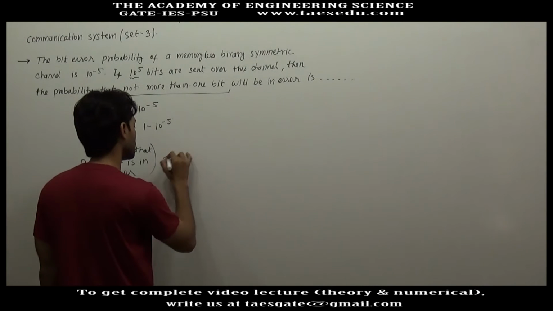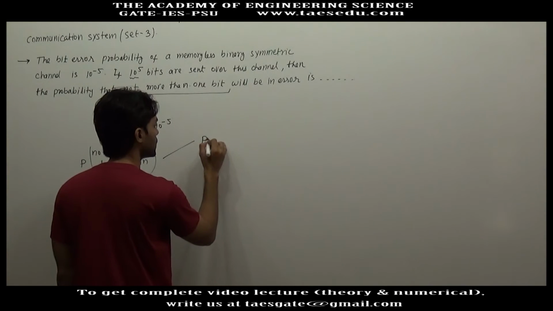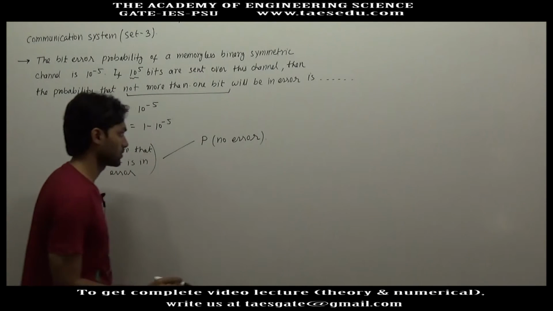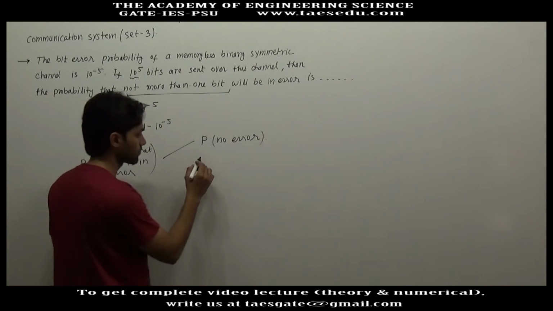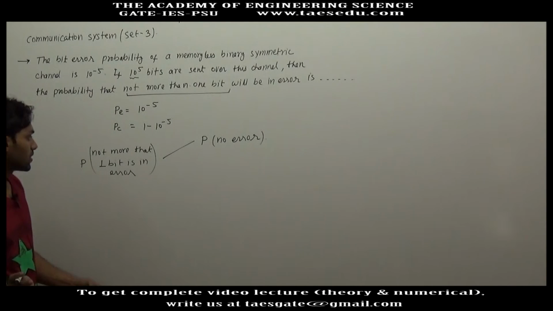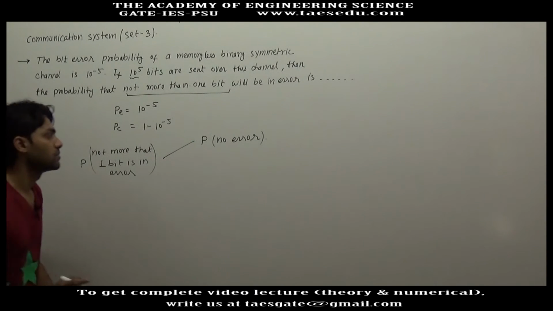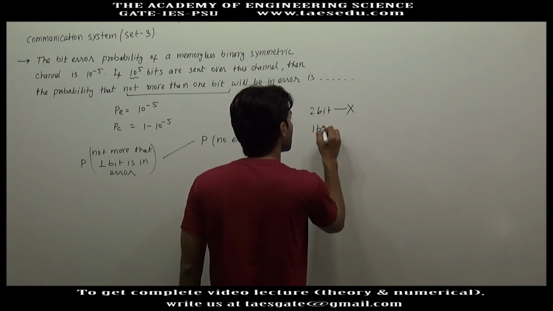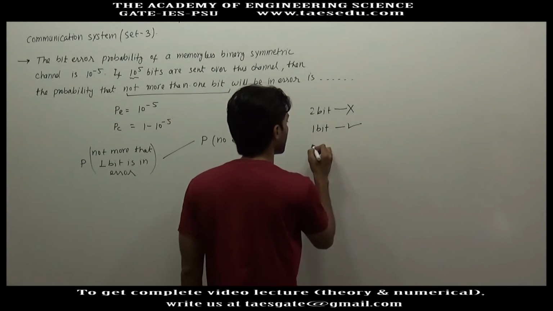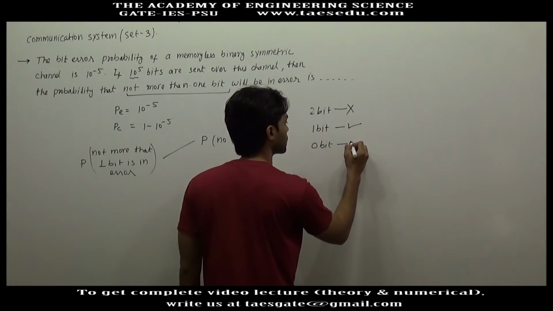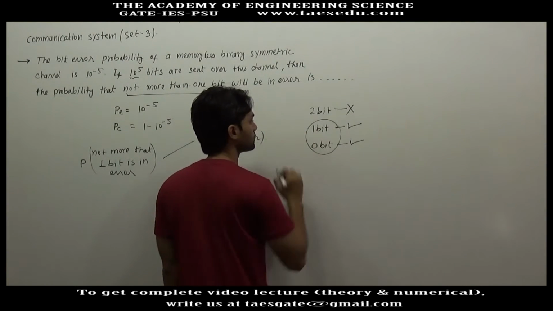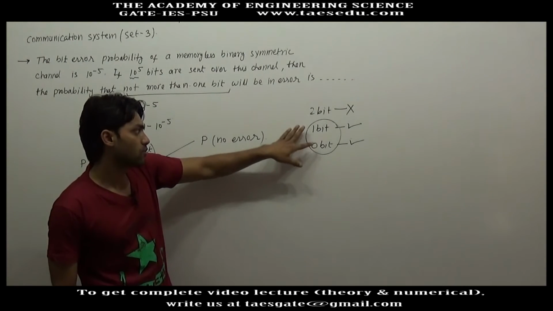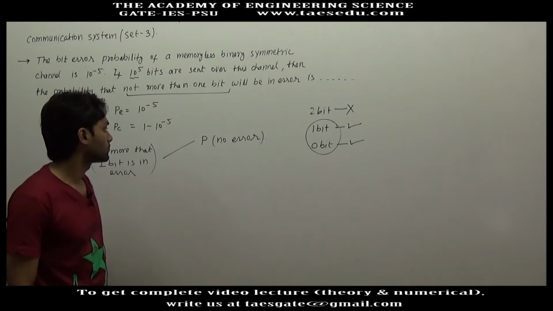It means we have to find out the probability of no error, and you should not have more than 1 bit in error. It means that 2 bits cannot be in error, but 1 bit can be in error and 0 bits can be in error. These are the two cases. So we have to find the summation of probability of these two cases.